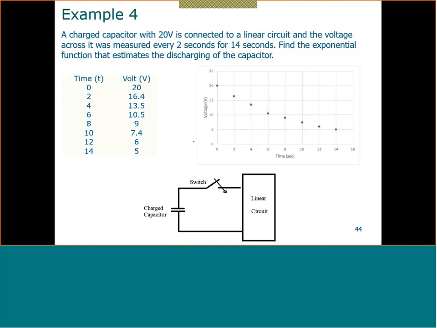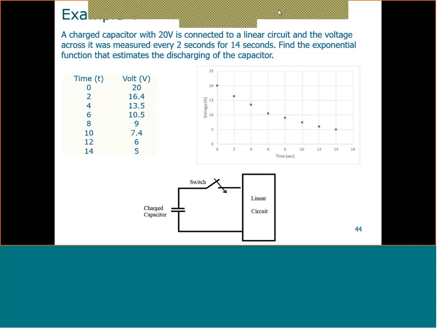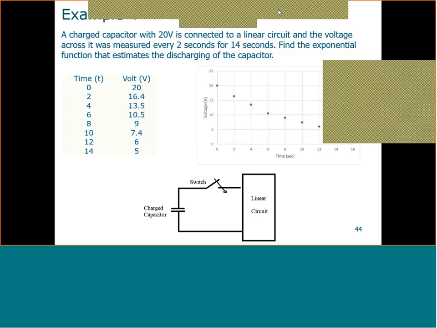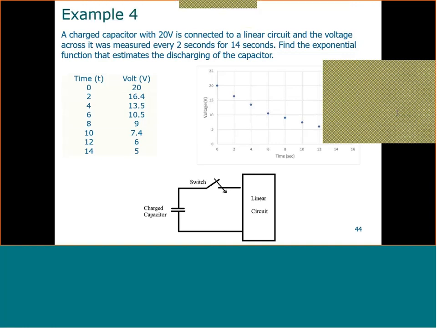So what is the best way to do that? It is to find the r square, exactly like what one of you just mentioned. Yes, the r square does exist, and you need to calculate it.